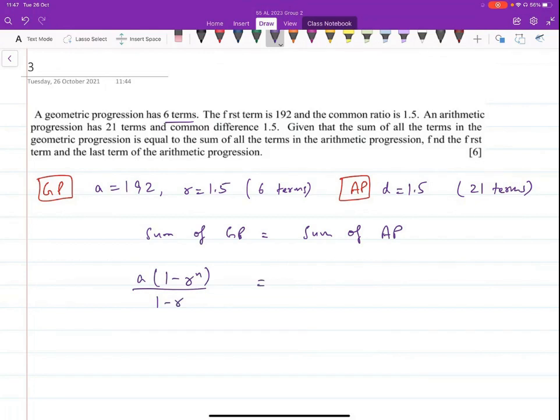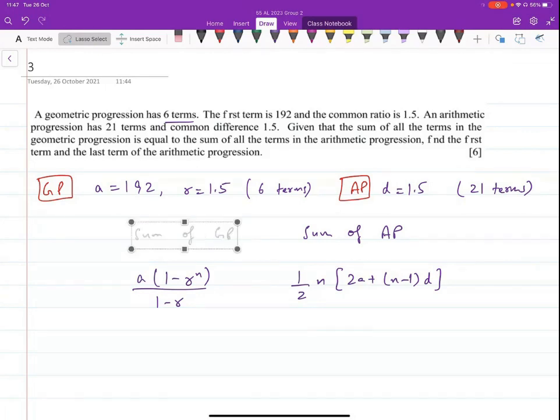For the AP we've got half n into 2 times a plus n minus 1 times the difference. Now we have to be careful. This a and this a are different. This n and this n are different. The left side is talking about the AP, the right side about the GP. Let's actually evaluate both of them separately so that there's no confusion of variables.